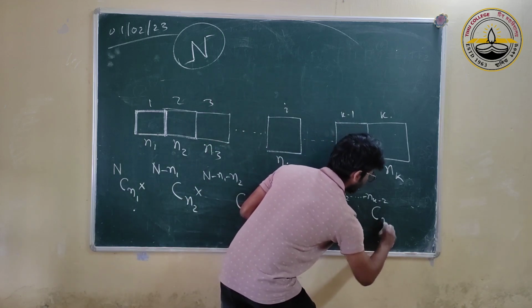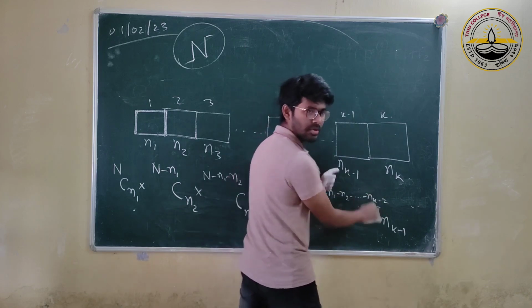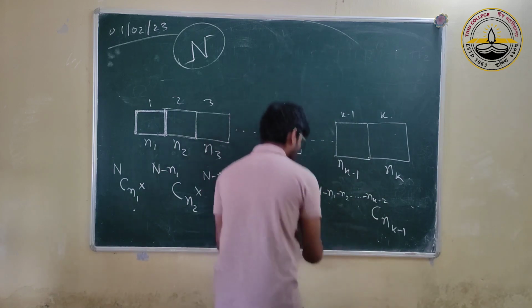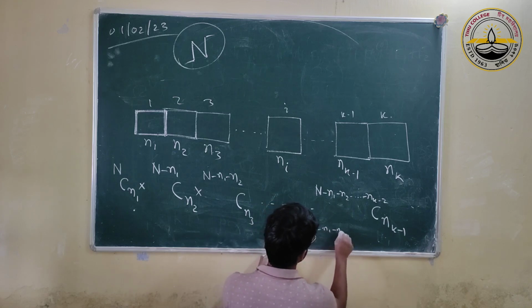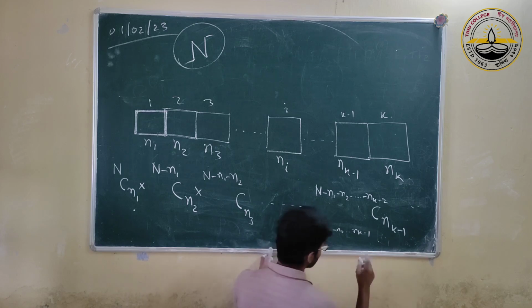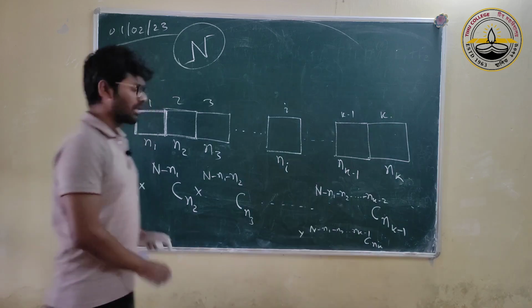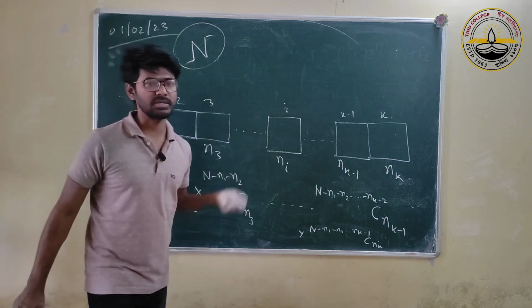C n(k-1), that many you have to really put. And then the last one is easy: n minus n1 minus n2 minus so on, minus n(k-1), and the last piece, nk. And that will be your total number of ways you can fill these boxes.